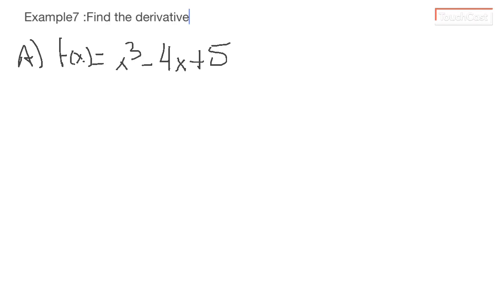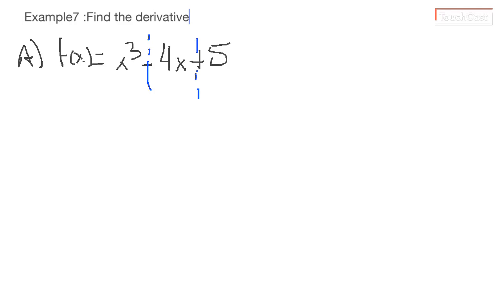Now we're going to apply the sum and difference rules and possibly some power rules and other things we've learned so far. When we're looking at that sum and difference rule, we're really just splitting up all the terms and finding the derivative of each separate term.